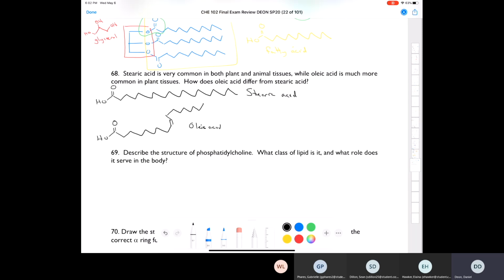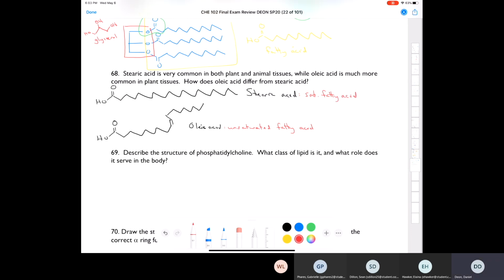How does oleic acid differ from stearic acid? Well, I won't ask you to go on a big tirade about this, but oleic acid is an unsaturated fatty acid, while stearic acid is a saturated fatty acid.